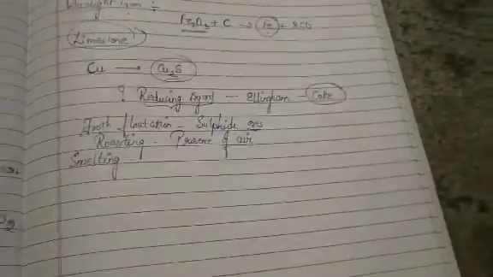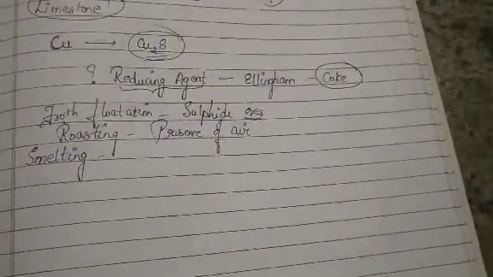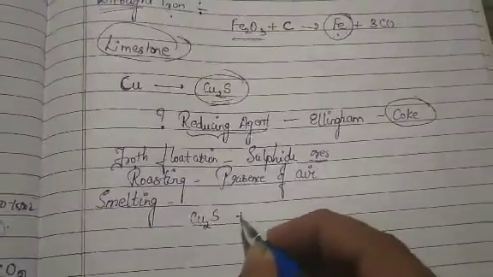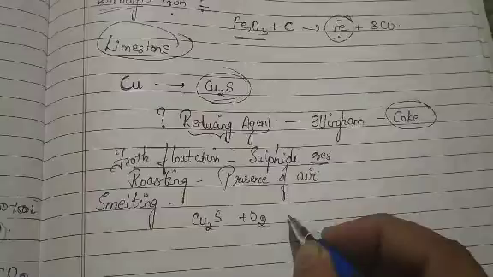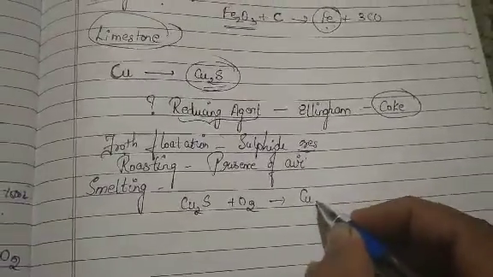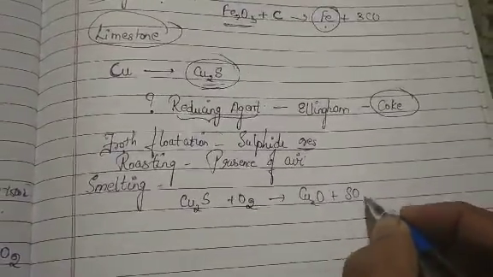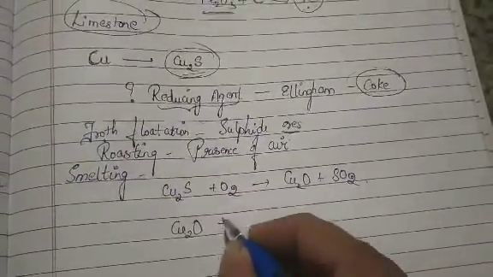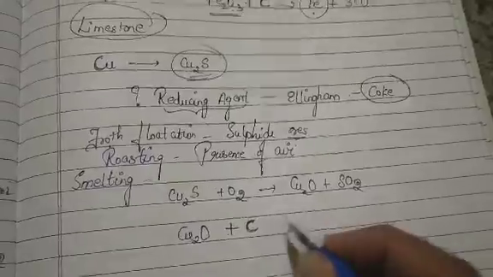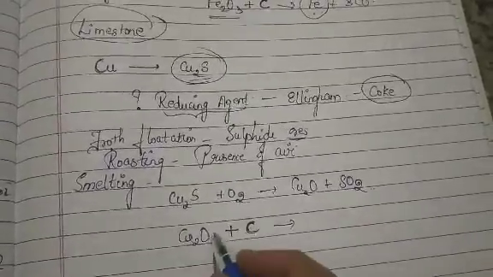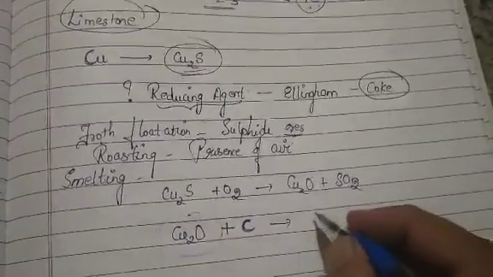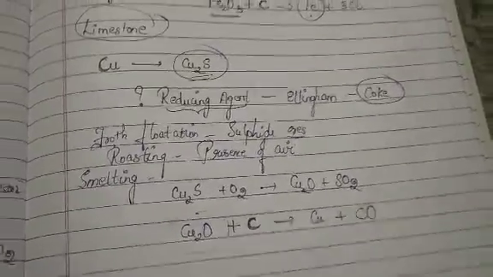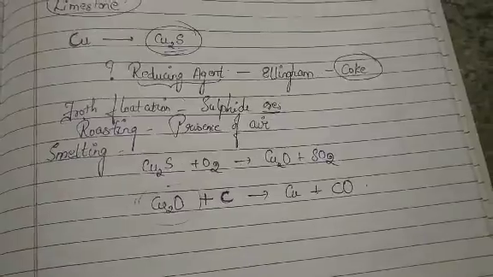If I come to the main part of the reaction, of course, whatever Cu2S is there is going to burn in the presence of oxygen. Yes, you will be getting Cu2O plus SO2, and this Cu2O plus coke, which you have chosen as a reducing agent, undergoes reduction of the metal oxide to give you copper plus carbon monoxide.